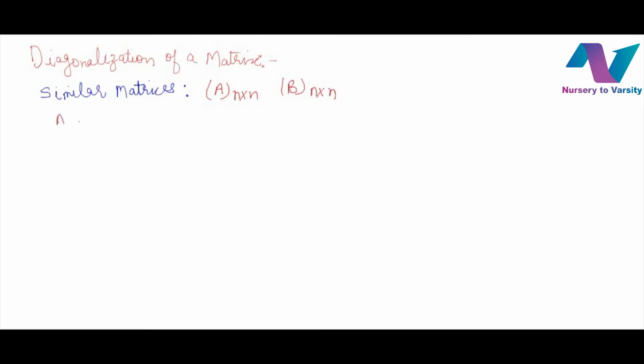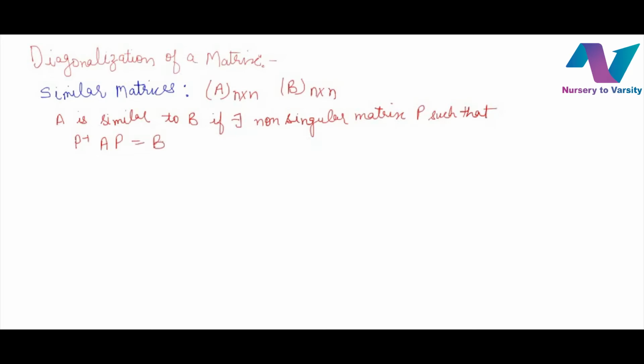Then A is said to be similar to B if there exists a non-singular matrix P such that P inverse AP is equal to D.